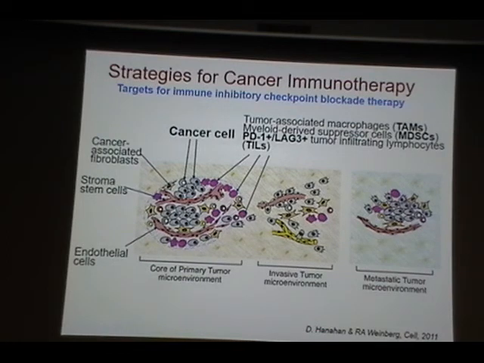Even when the cancer becomes an invasive tumor, it still has those components: blood vessels, fibroblasts, connective tissues, cancer cells, and immune cells. Then they can form a new tumor at the metastatic site, and this metastatic tumor microenvironment is very similar to the primary tumor.